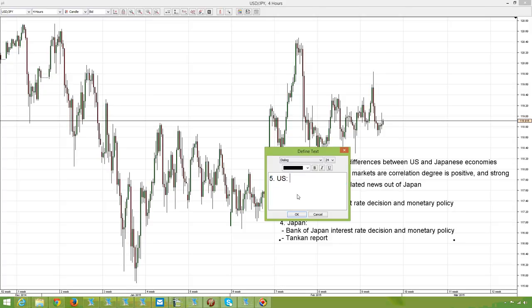So out of the United States, what do we look for? Core CPI, or the inflation. We also look all the time at the non-farm payrolls, as the jobs data is released on the first Friday of each month in the United States.